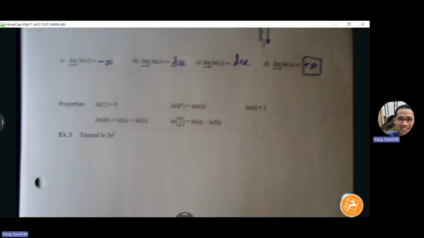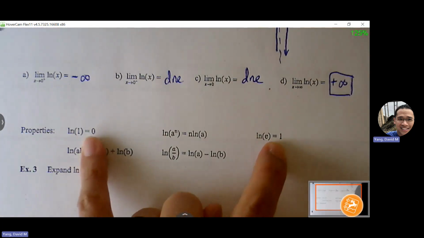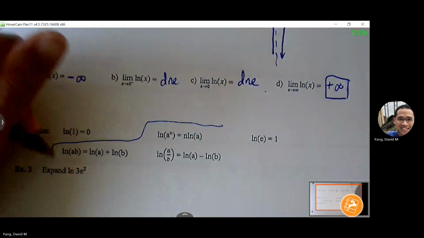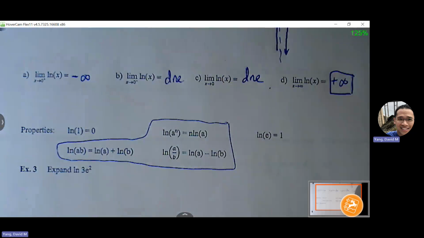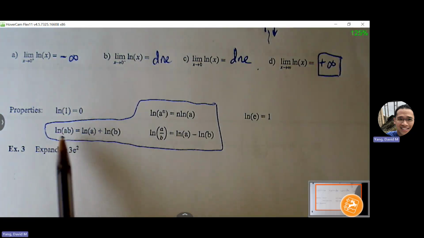Okay, so these are important and nice properties to know, and some of these are just coming from your ordered pairs, right? Natural log of 1 is 0, natural log of e is 1. And these are the product and quotient and power properties that we've seen in the past. This is the product property.